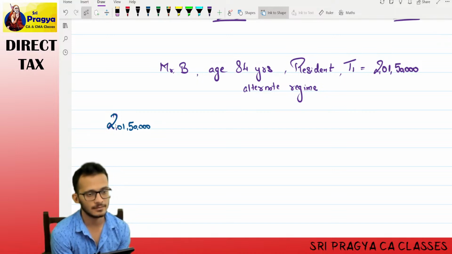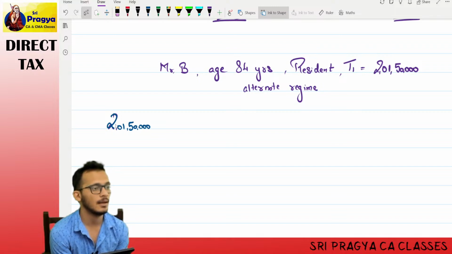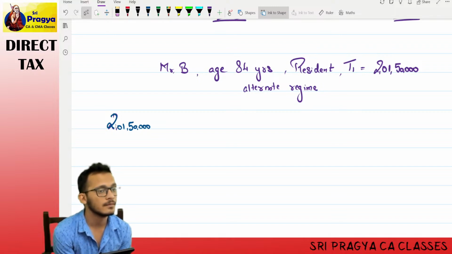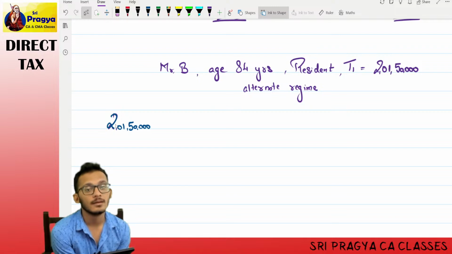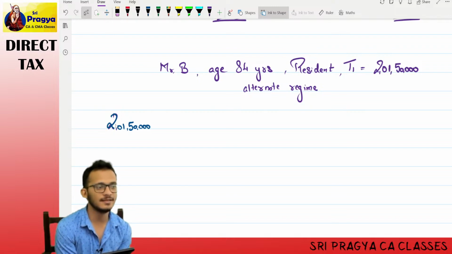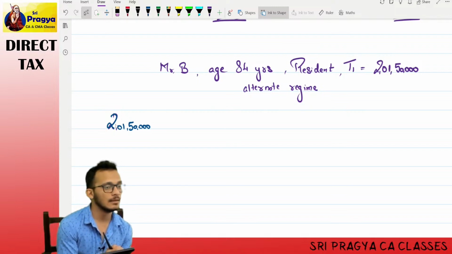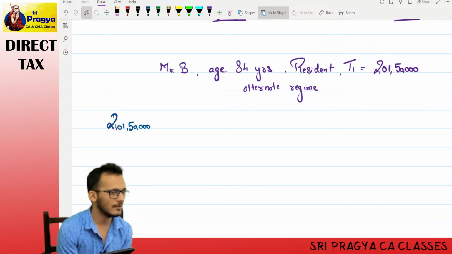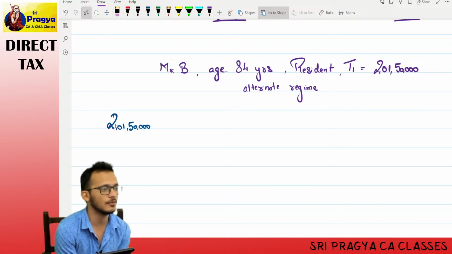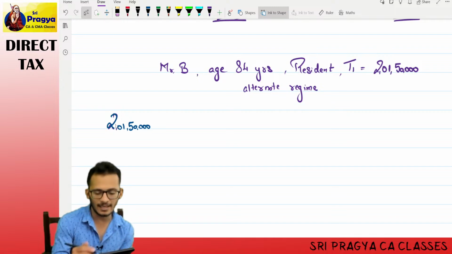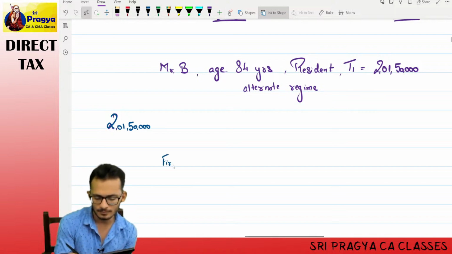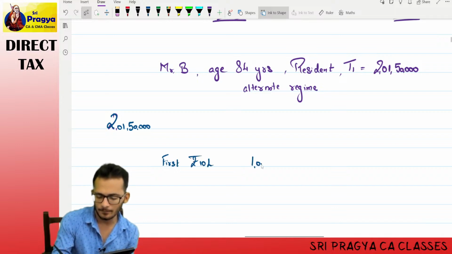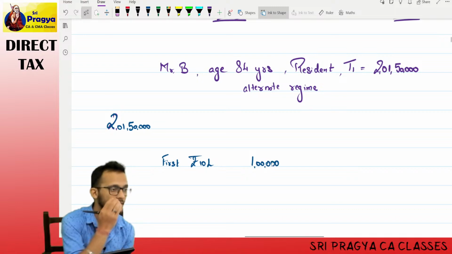You are a super senior citizen and a resident, which means your exemption will start from 5 lakhs. 0 to 5 lakhs is 0, which means for the first 10 lakh rupees you will pay only 1 lakh. Agreed?